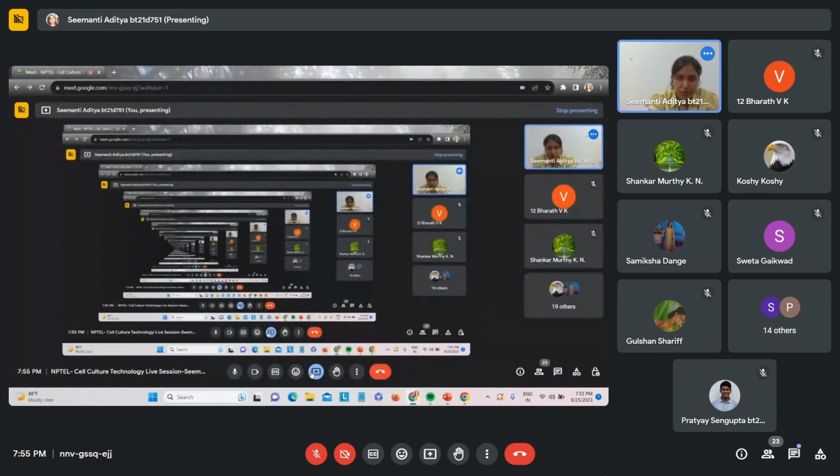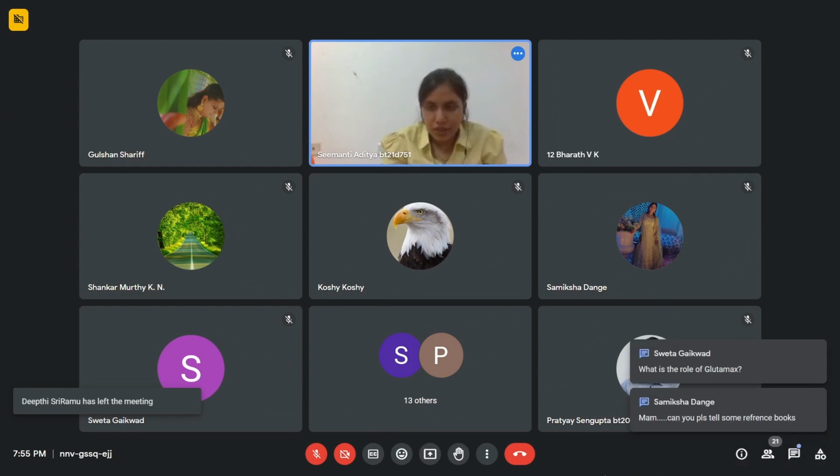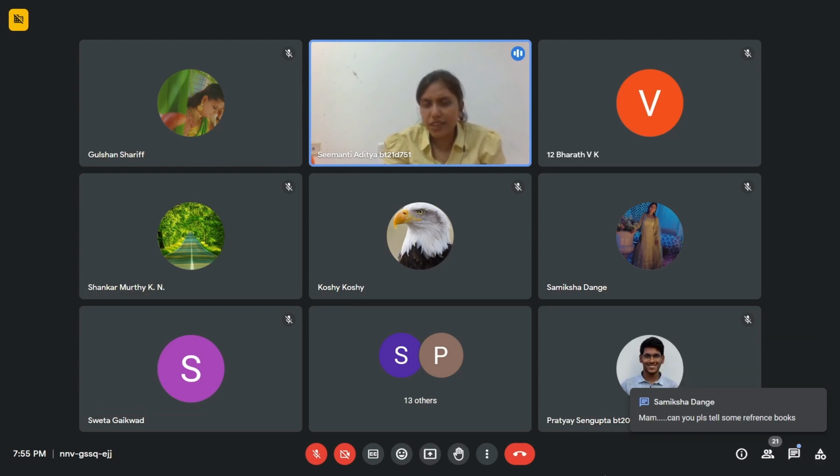Any other questions? Shweta, what is the role of Glutamax? Glutamax has a larger amount of glutamine and alanine. This is required, I think, for these neuronal cells, the hippocampal neurons.